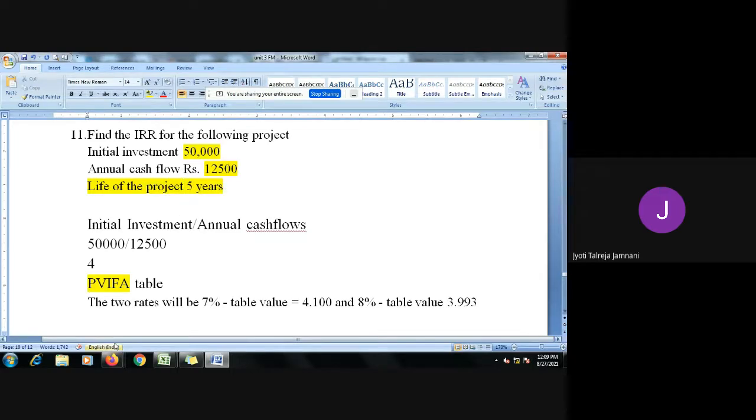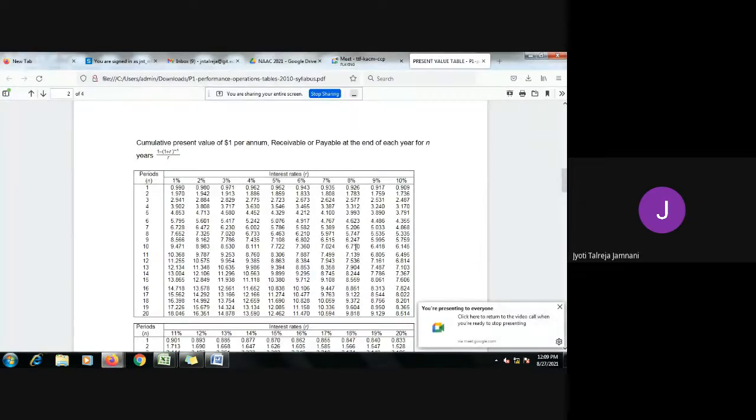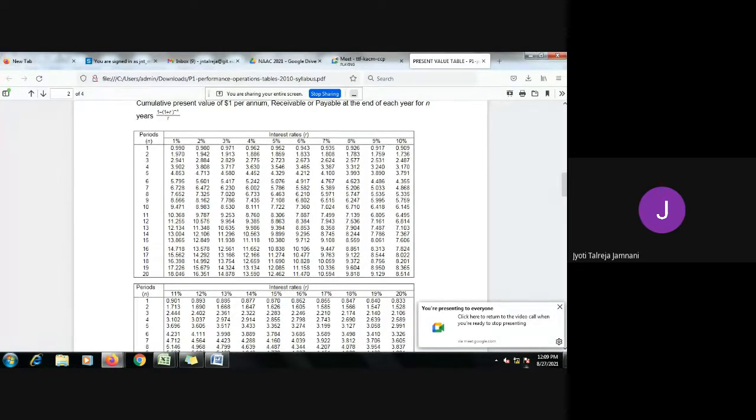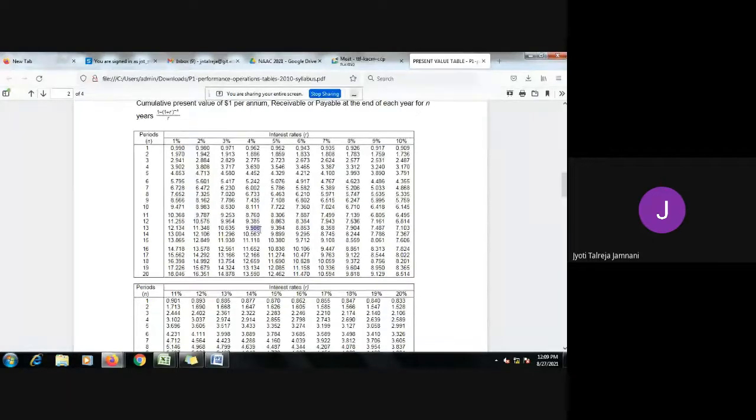So I'll just take you to that table. This is the annuity table.